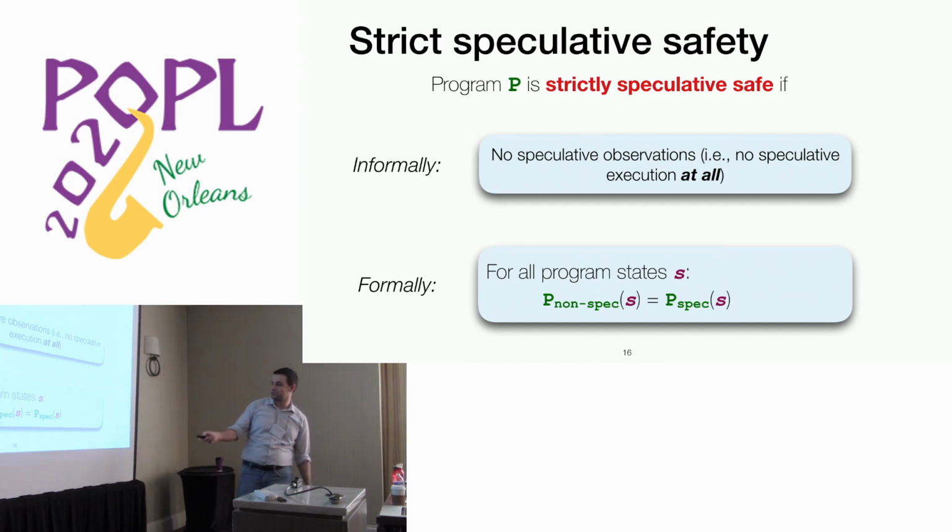Concretely, we can formalize it by requiring that the non-speculative trace and the speculative trace are the same. This is very simple. It does intuitively make sense from a security perspective, but it doesn't really simply tell you that there is no speculative execution.